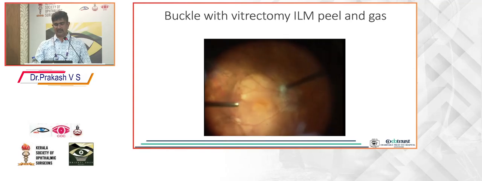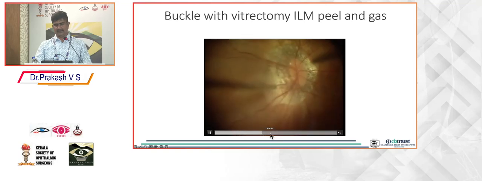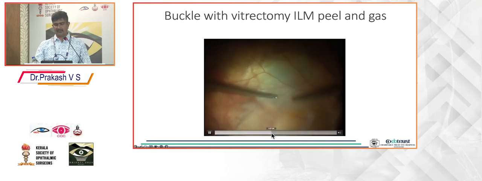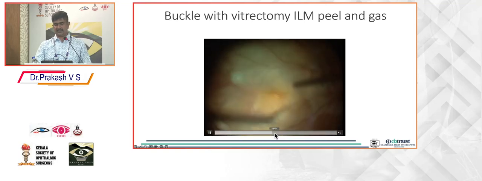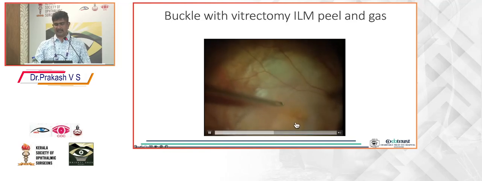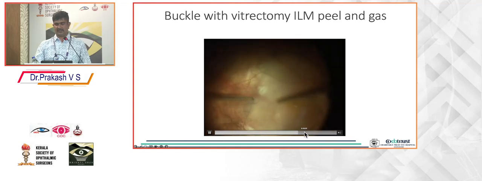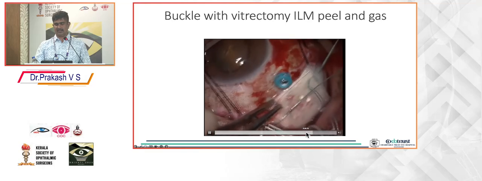So here I am doing the vitrectomy. You can see the large area of RPE atrophy, and complete vitrectomy is done and ILM peeling is done. Here there is a macular hole already, so a complete ILM peel is done without fovea sparing. It's involving the hole. We have done an ILM peeling, and after the vitrectomy, the buckle is positioned.